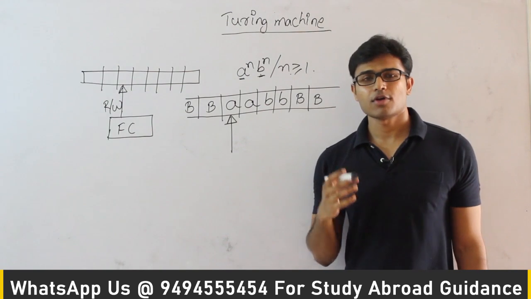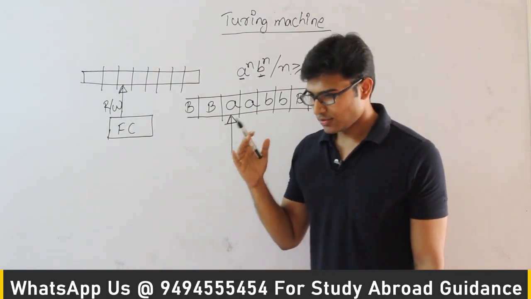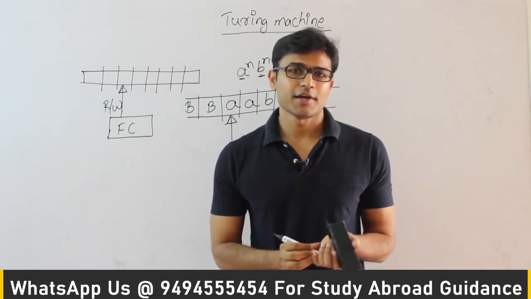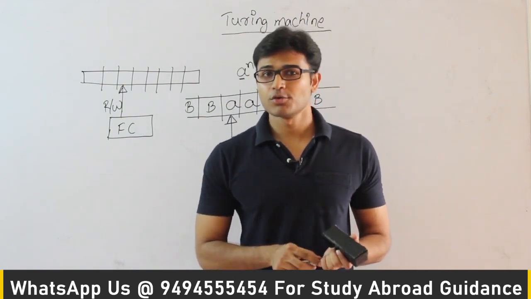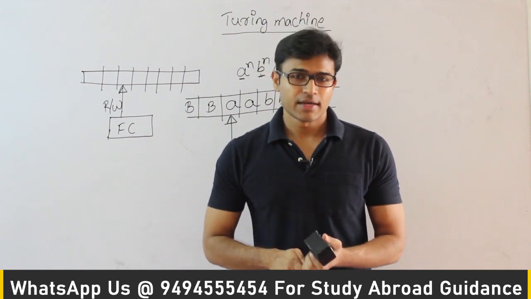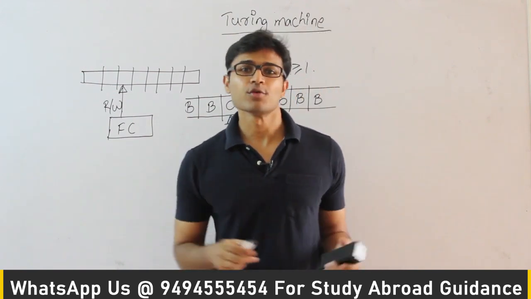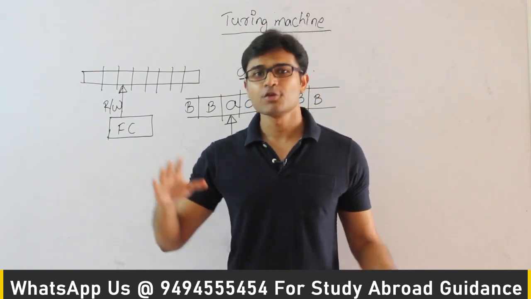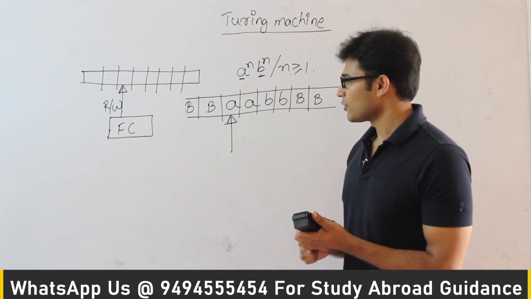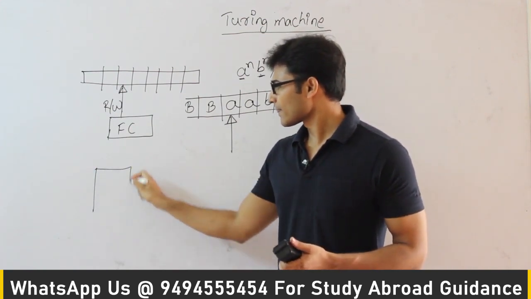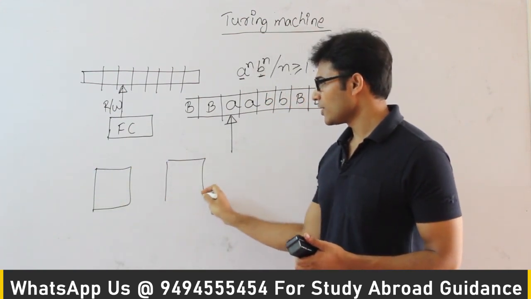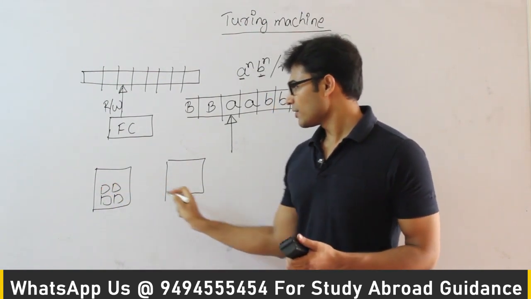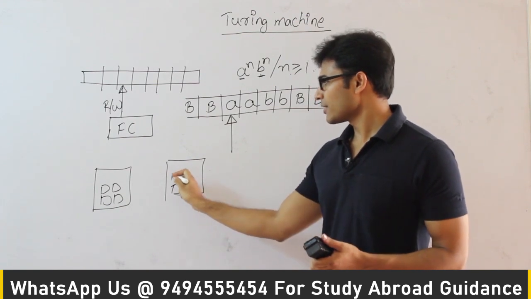How a Turing machine works, just to take an analogy, you could think of a Turing machine as a man who doesn't know how to count. So let us assume that a man doesn't know how to count and he is supposed to count now. Just assume there are two rooms, and in one room there are bags of cement, and in the other room there are bags of sand.